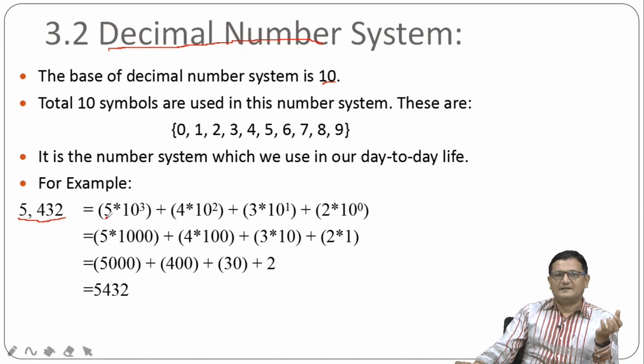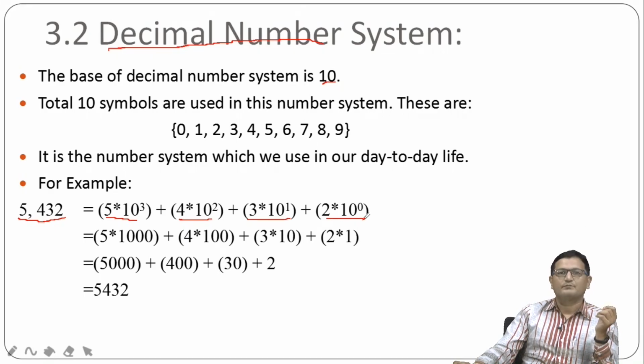That means 5 should be multiplied with 10 raised to 3, 4 should be multiplied with 10 raised to 2, 3 will be multiplied with 10 raised to 1, and 2, the last digit of the number, has to be multiplied with 10 raised to 0. Now, we know that whenever we take a power of any number, and if the power is 0, that represents 1.